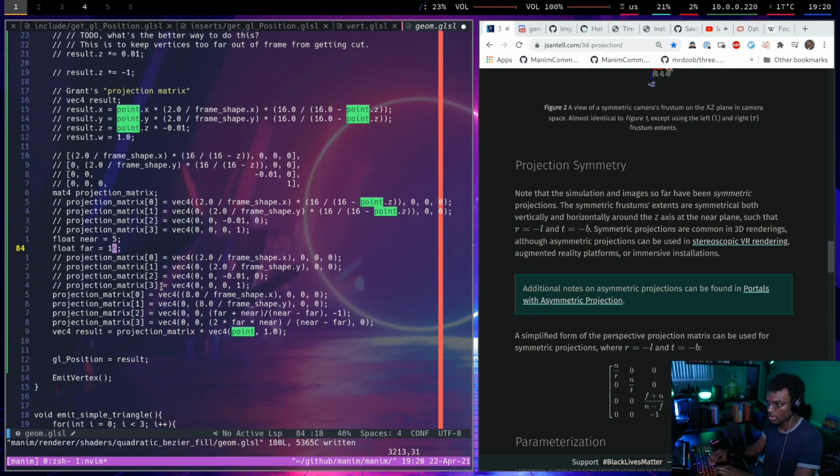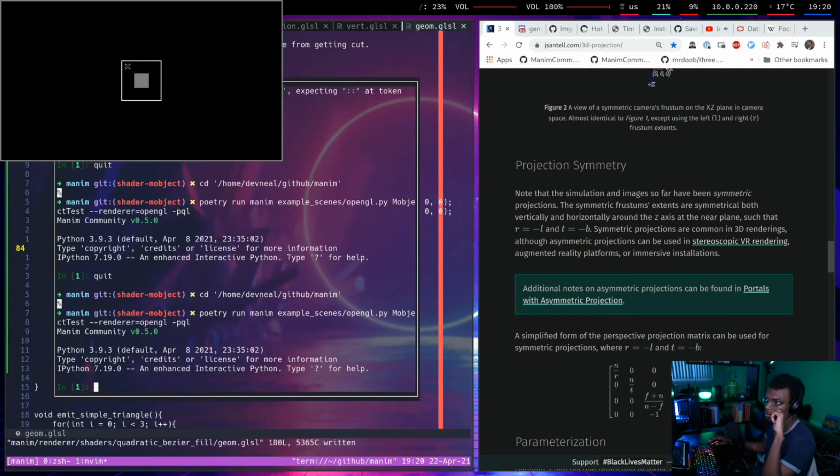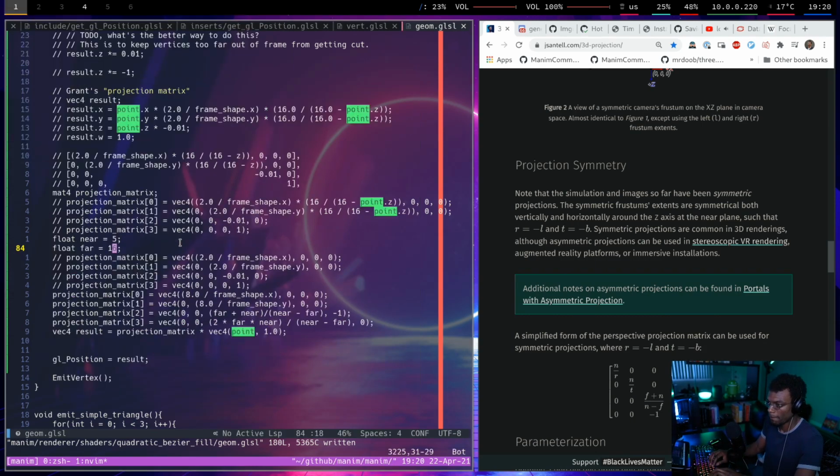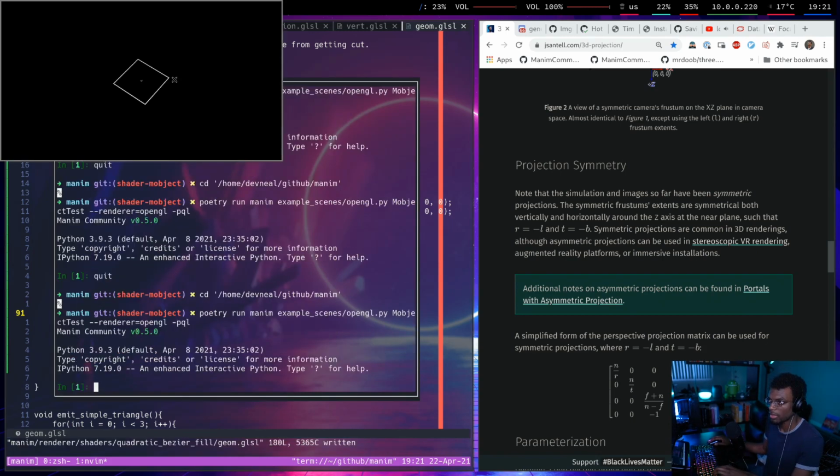I'll put this at 16, I guess. Yeah, that's affecting something totally different, I think. I don't know. Now I'm just seeing how this thing is affected by everything.